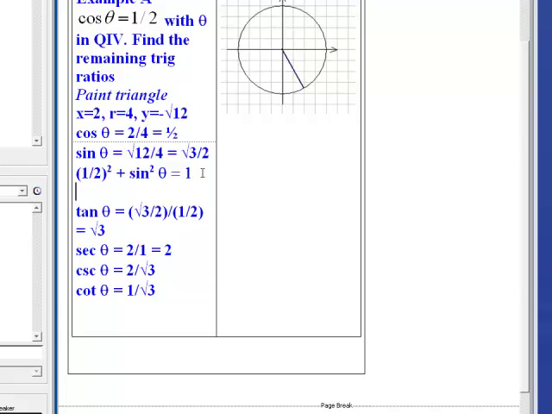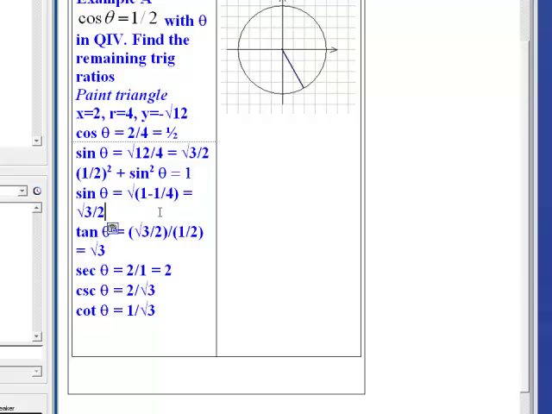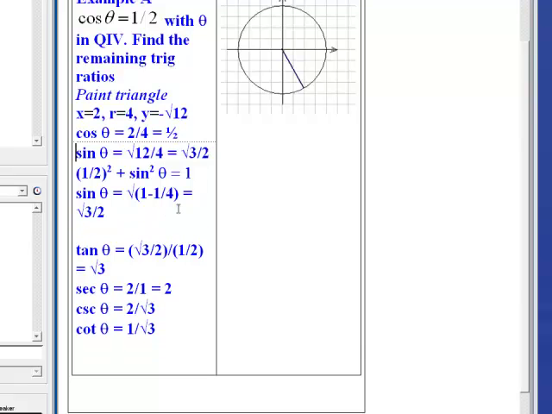Then we're supposed to do the algebra where we come up with sine theta equals the square root of parentheses 1 minus 1/4. And then, of course, we have square root of 3/4, which is square root of 3 over 2. Just the same. That's actually what we're supposed to do to figure out the sine.